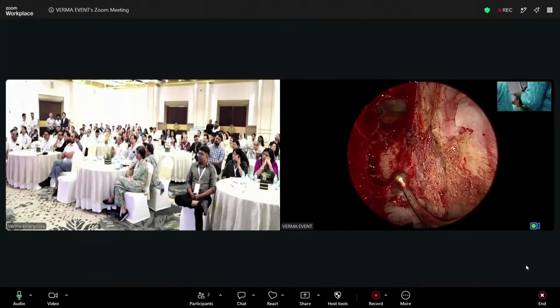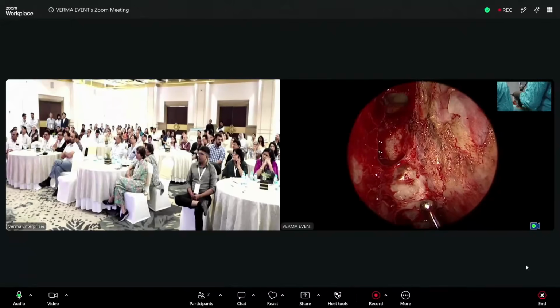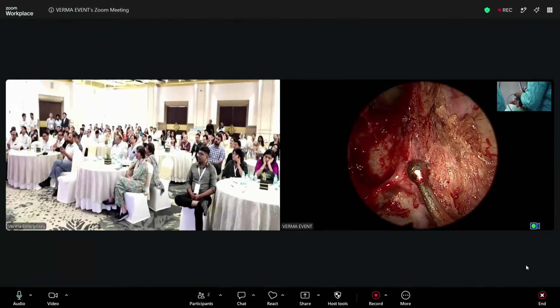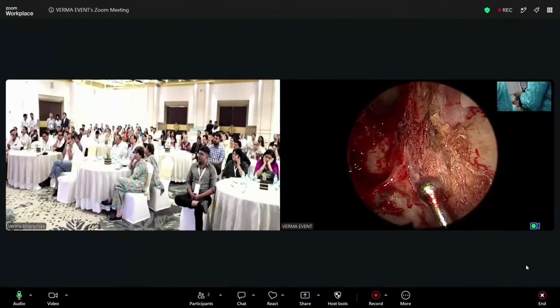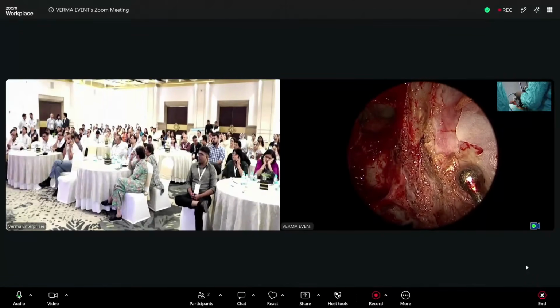That is your cribriform. All this ethmoidal roof, we made it bare by removal of the mucosa. Now this is your cribriform. See this thin cribriform plate. And this was the region of the meningocele coming out. And this is nasal septum.